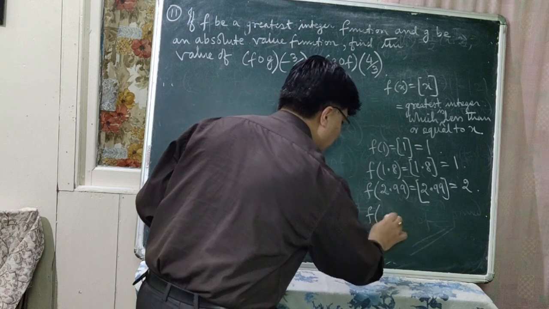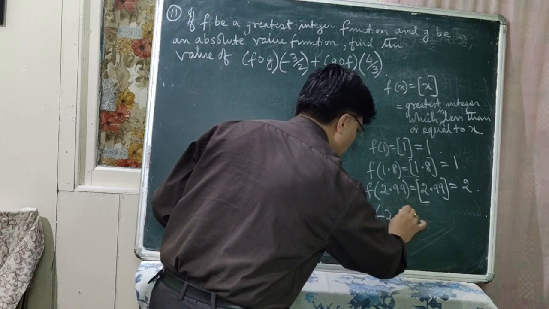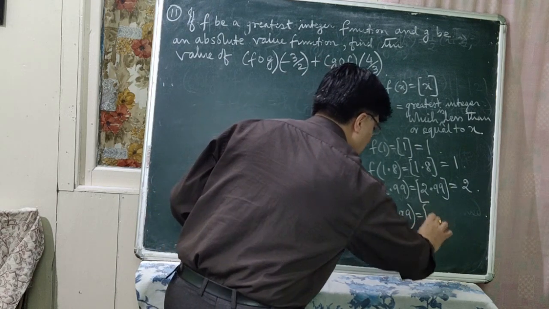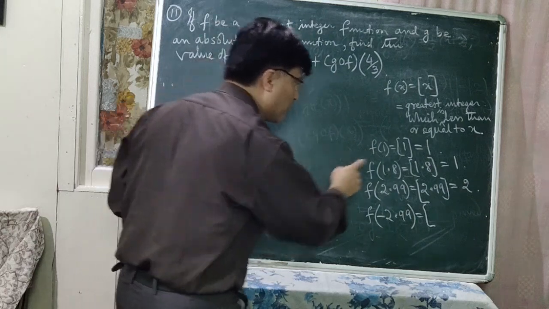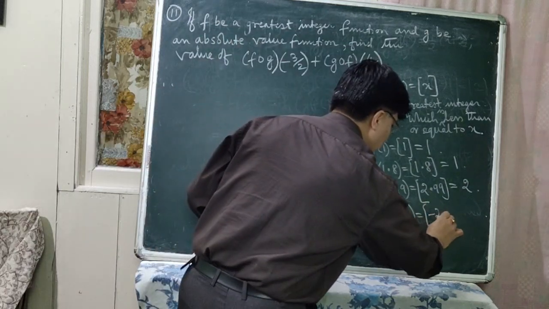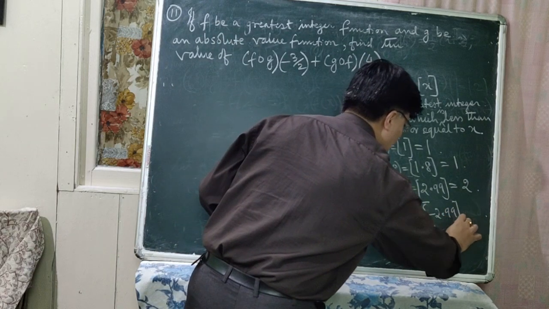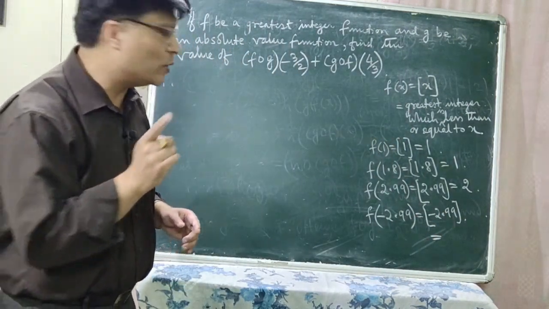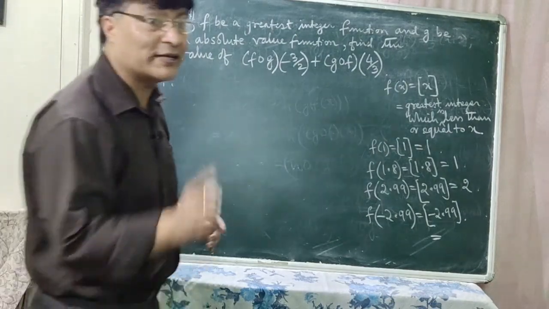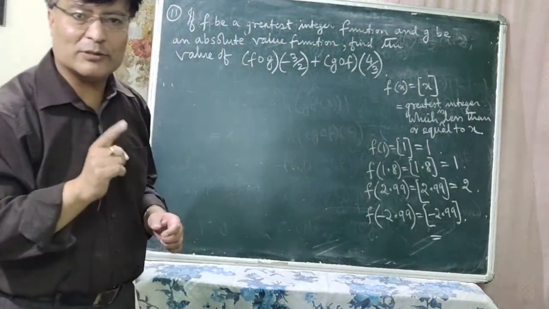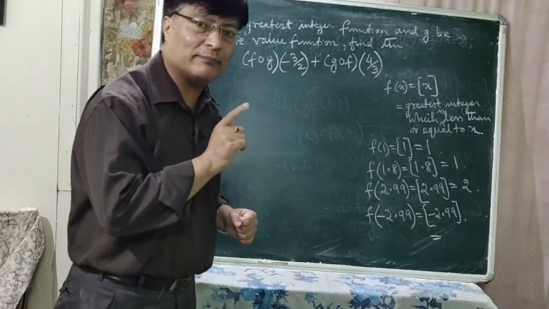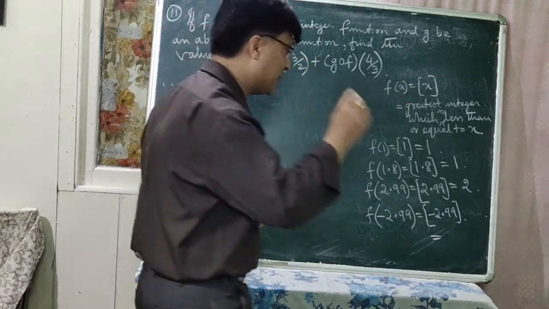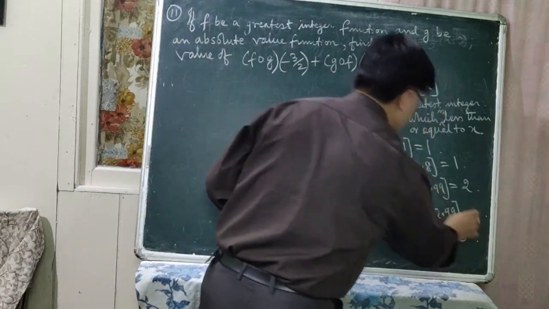Next, if you have f of minus 2.99, which is equal to [-2.99], what will you write by definition? Which is the greatest integer which is less than minus 2.99? You have to write down the greatest integer which is less than minus 2.99. That is your minus 3.